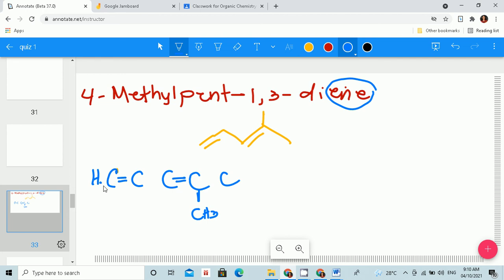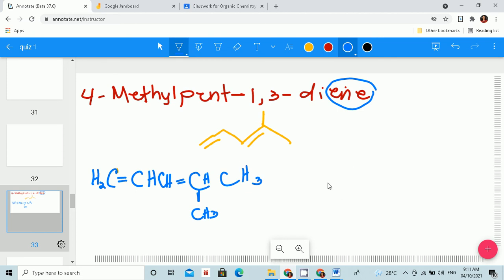Then let's have this one CH2. This one is CH. This one here is H only. Okay, I'll write this one clearly. Then we have H here. And then we have H3. Okay, so that is our condensed structure of 4-methyl pent-1,3-diene.